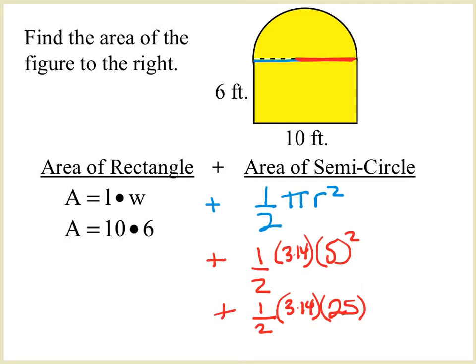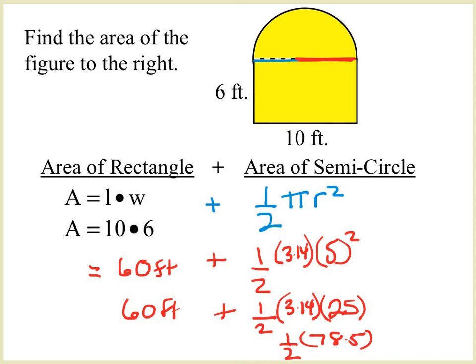And remember, on the left side, I'm going to be adding it to this 60 square feet. Okay, 60. So I multiply 3.14 times 25. I get 78.5. I'm going to have to divide that by 2.